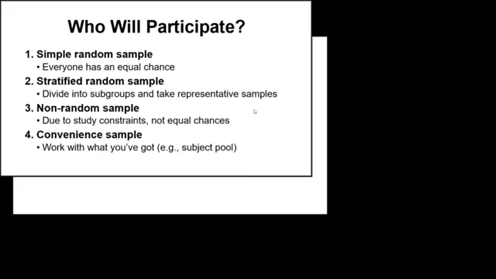So in this situation, everyone in the entire population has an equal chance of being selected for the sample. So we have a database magically that has the name of every single university student in North America, and we're going to use a random number generator to select 1,000 of them. And that is a perfectly random selection, so simple random sample.